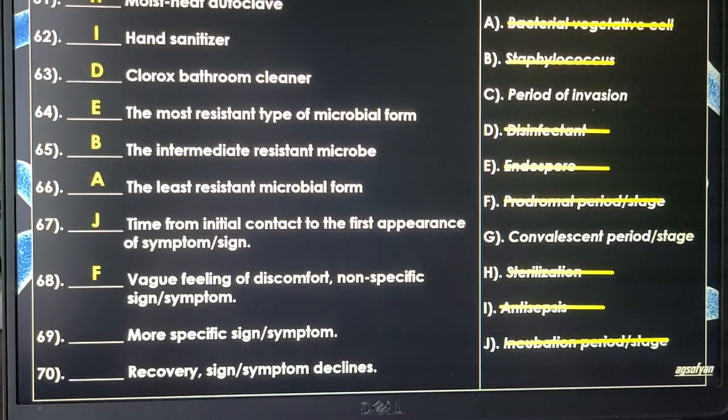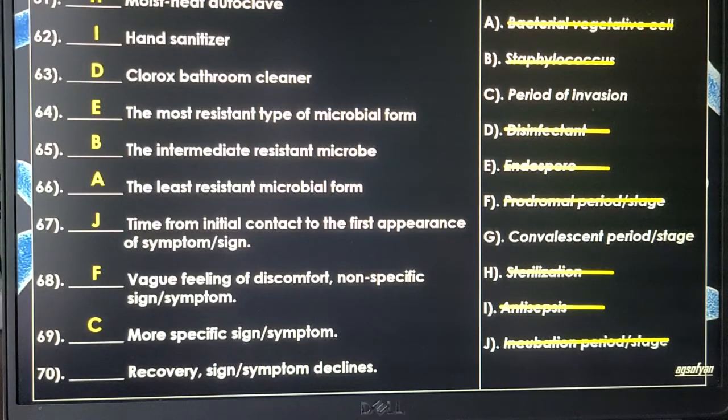69. More specific signs and symptoms, and usually the bacteria or the pathogen is in a very active condition. Choose your answer. Yes, this is the period of infection. During the period of infection, usually the signs and symptoms are very specific for a specific disease.